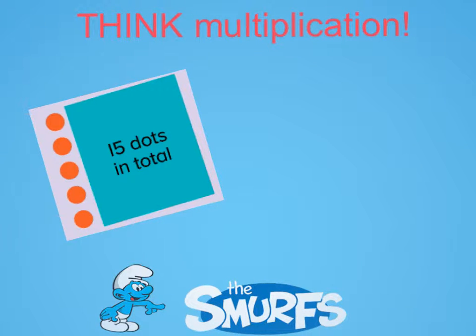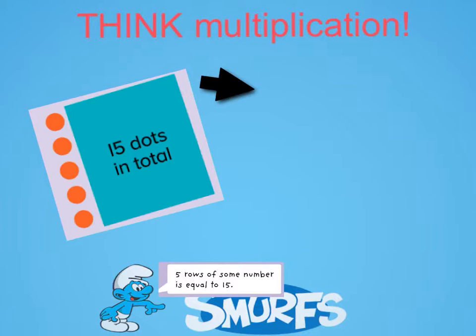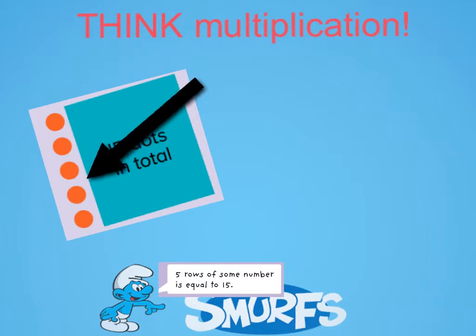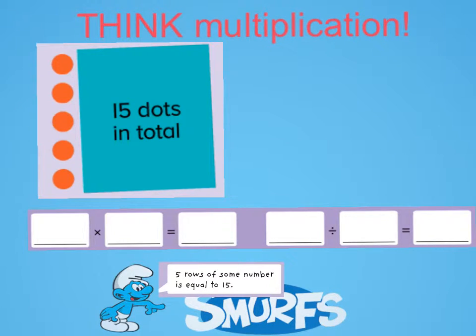What do you know about this array? How could you work out the number of dots in each row? A little Smurf here can see 5 rows of some number is going to equal 15. 5 rows of some number is equal to 15. Let's write the 2 numbers that we know in each of these number sentences.